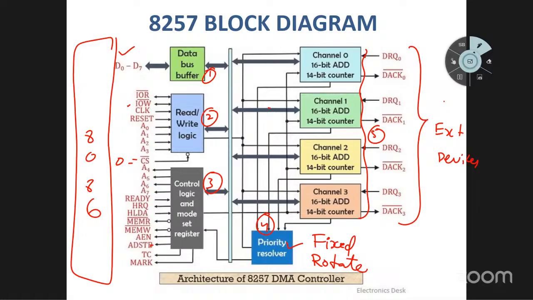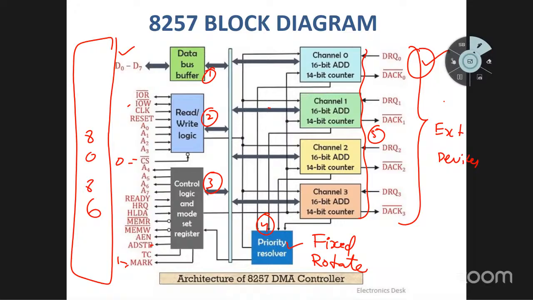Okay, mark అంటే ఇది సర్వ్ చేస్తుంది. This channel is exchanging the information. Complete: 8257 will generate one signal to the microprocessor. The transaction is over.